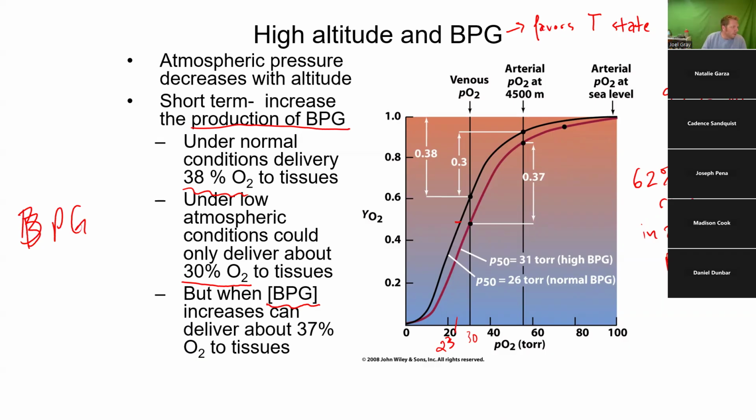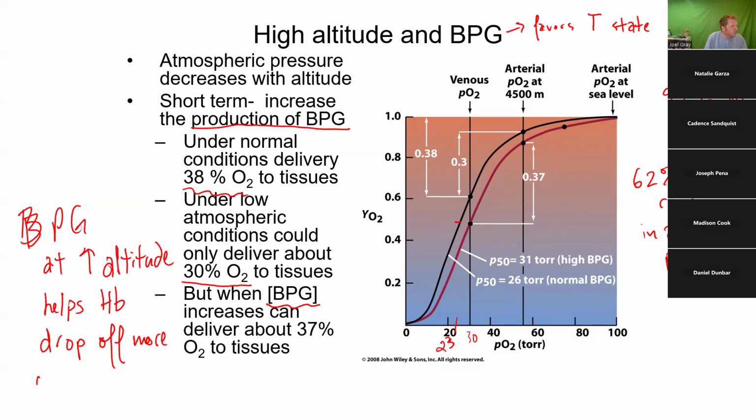Okay, so the point of this is BPG at elevated altitude helps HB, or hemoglobin, drop off more O2 at tissues.